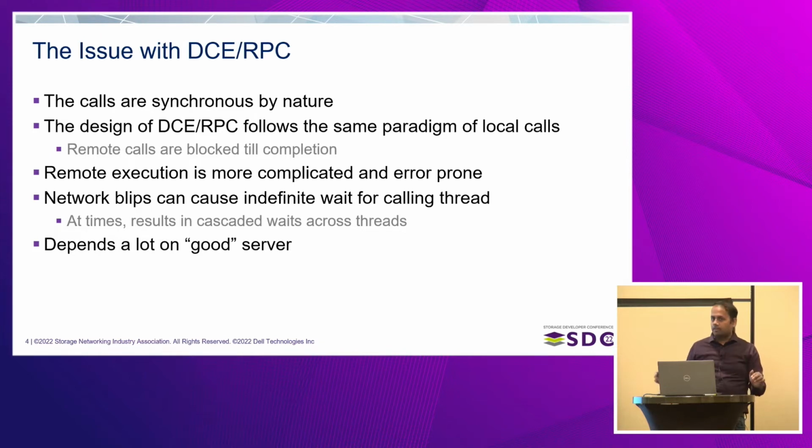Obviously a good server will always behave in a good way. You send a call, it will return properly, but a crazy server, due to some other issues, can return some arbitrary data, or may not honor the request. So what will you do in that case? And there's also a possibility of a bug in this whole path, in which case you should be resilient enough to come out of that particular thing.